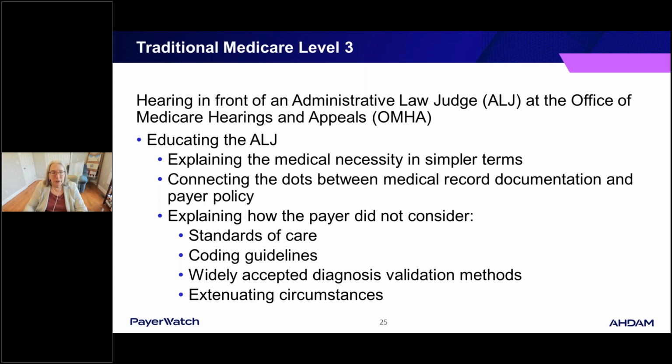Explaining to the administrative law judge how the payer maybe didn't consider standards of care, they didn't consider coding guidelines, they didn't consider widely accepted diagnosis validation methods, or maybe this patient had some extenuating circumstances and the payer did not consider that, even though we talked about it in our appeals.